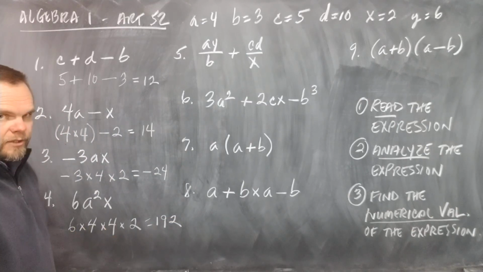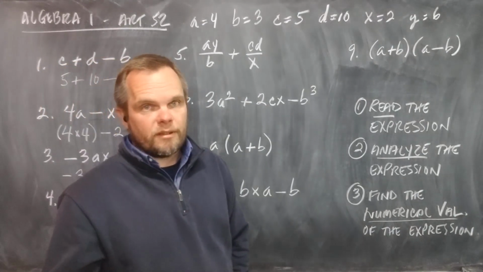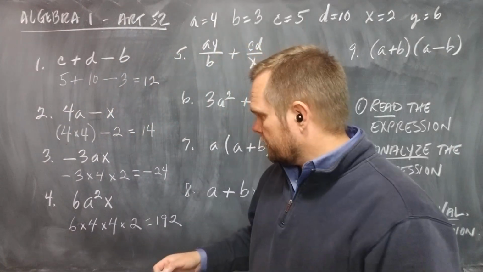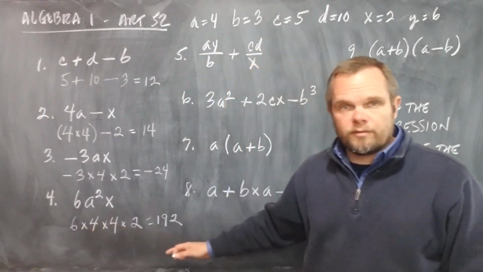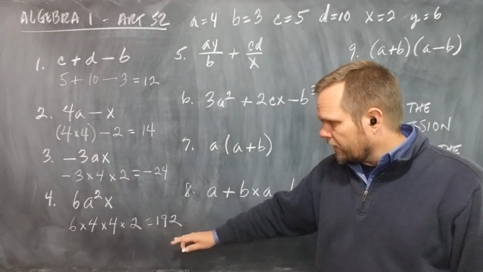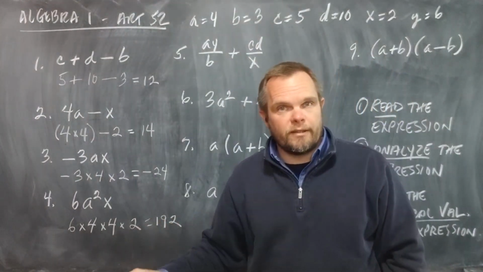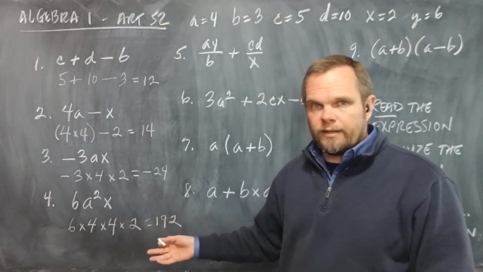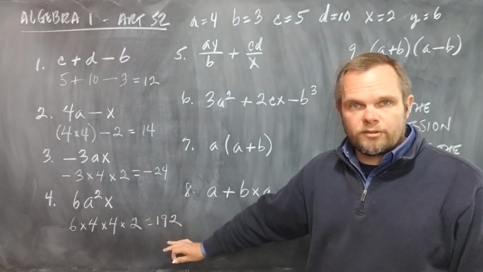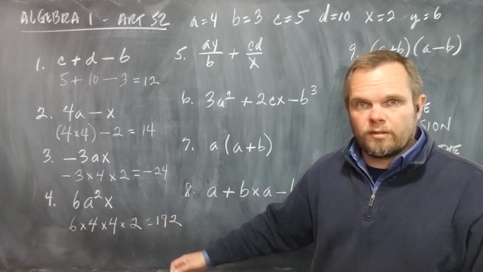Now, that multiplication may be a little bit difficult for you, and if you need to use a calculator to find that product, or you simply need to scratch it out on paper, that's fine. That's really not our concern. That's just arithmetic, all right?